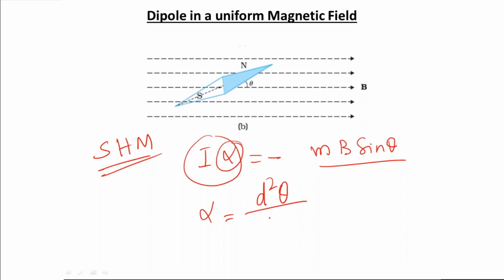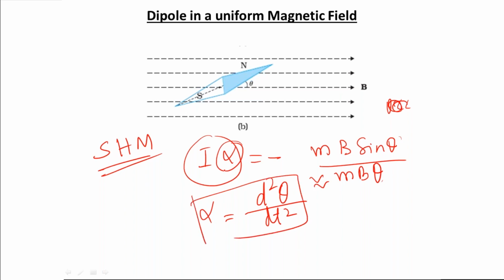And now look, this alpha is angular acceleration. This can be written as d2 theta by dt square. Theta is the angular displacement, and the double derivative of displacement will give you the acceleration. Now, if this theta angle is very, very small, then I can write mB sin theta as nearly equal to mB theta.